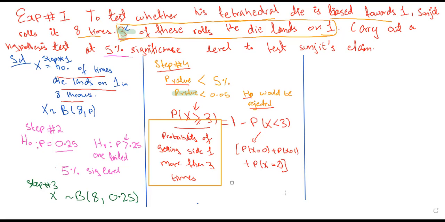Statistics in general has a fixed way of doing things, and you must be clear with step 1, right? When you have to just state what X is. X is the test statistic, which basically is the number of times the die lands on 1 in 8 throws, right? Are you clear with step 1?